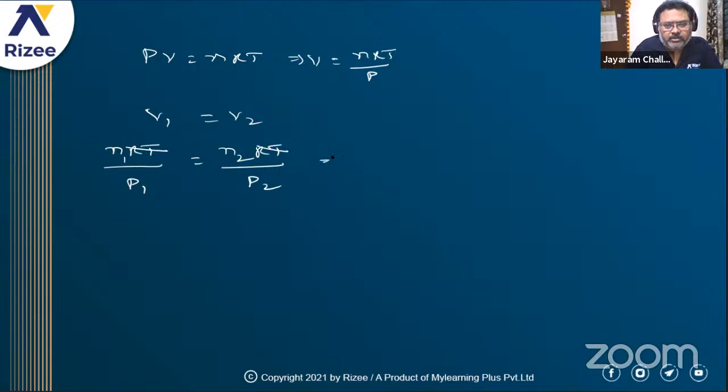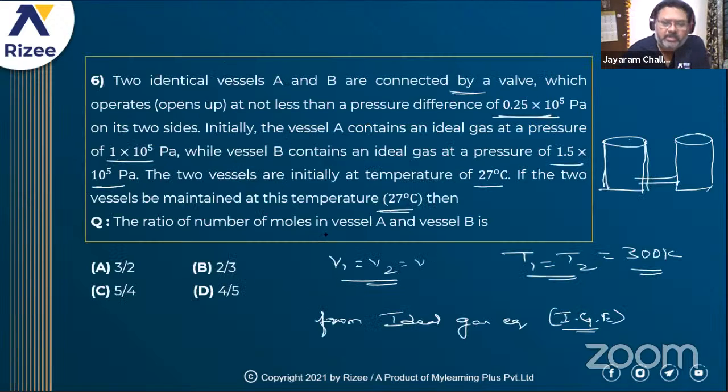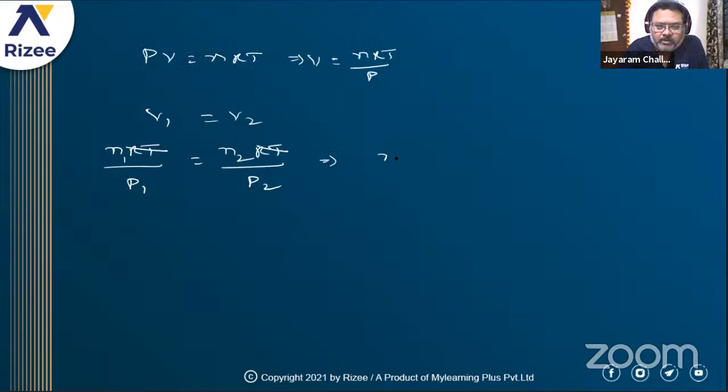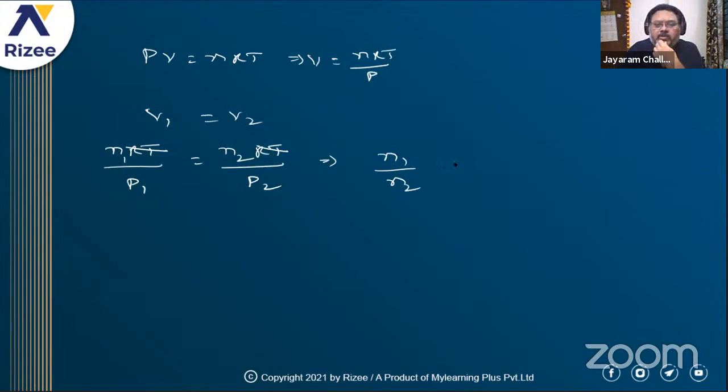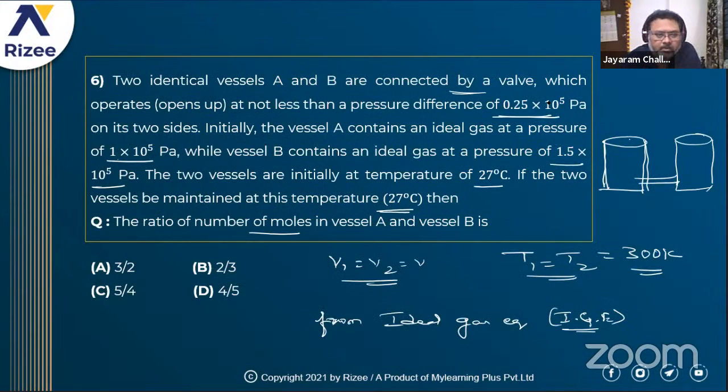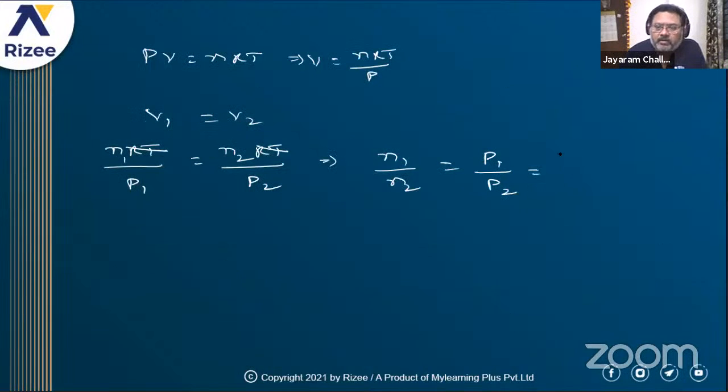So if I remove these two things, what is the question he has asked? The ratio of the number of moles, N1 by N2, A to B. N1 by N2 is equal to, this can be written as the pressure ratio P1 by P2. The pressure in the first case is 1 into 10 to the power of 5, and the other one is 1.5 into 10 to the power of 5.